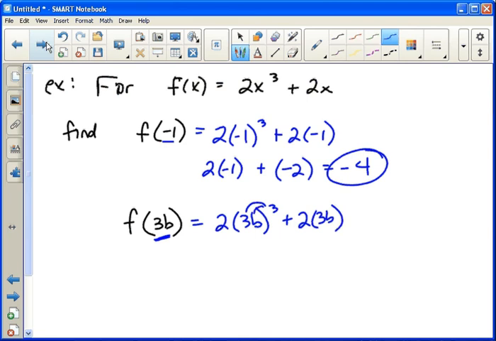So that's the difference. X plus 3 we had to FOIL. 3 times b, we just cube each one. So we would get 2 times 27, b cubed is b cubed, then 2 times 3b is 6b. 2 times 27 is 54, and that is our final answer.